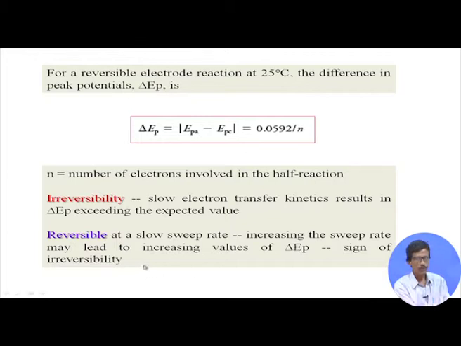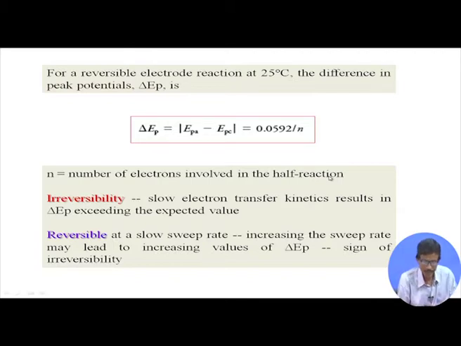If we sweep at a faster rate but the electron transfer kinetics is not matching, delta EP also increases, and we get a sign of irreversibility. At lower scan rate your delta EP can be less, but at higher scan rate it would be higher. The standard delta EP value we are talking about here, 59.2 or roughly 60 millivolt, we consider for a scan rate of 50 millivolt per second.